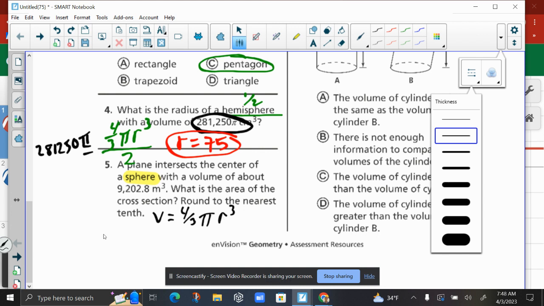So on this one, again, we plug in the volume, 9,202.8 equals 4/3 pi r cubed.